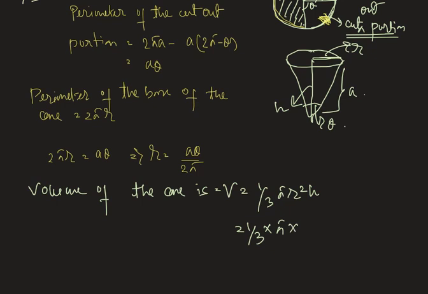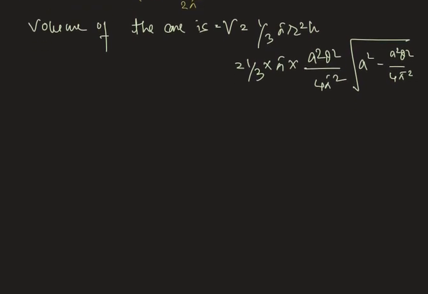Now the value of r square is a square theta square divided by 4 pi square, and the value of h is root over a square minus a square theta square divided by 4 pi square. Here we get a cube over 24 pi square, theta square multiplied by root over 4 pi square minus theta square.